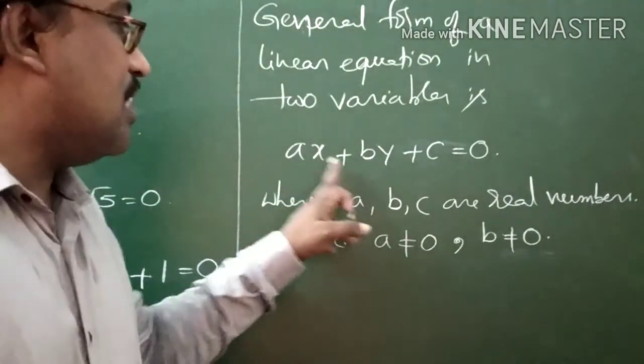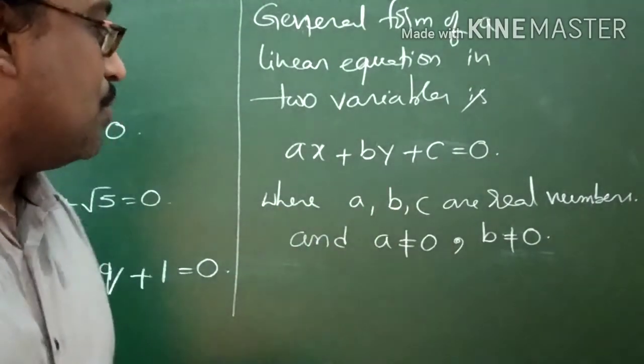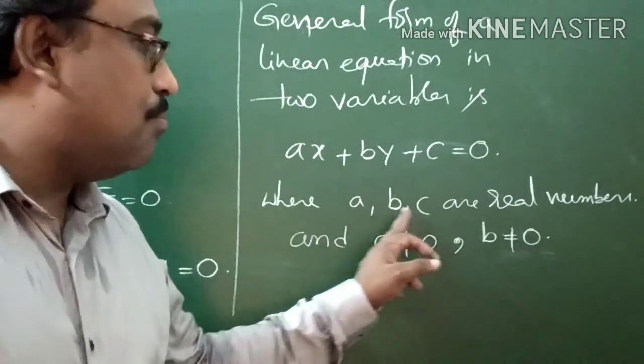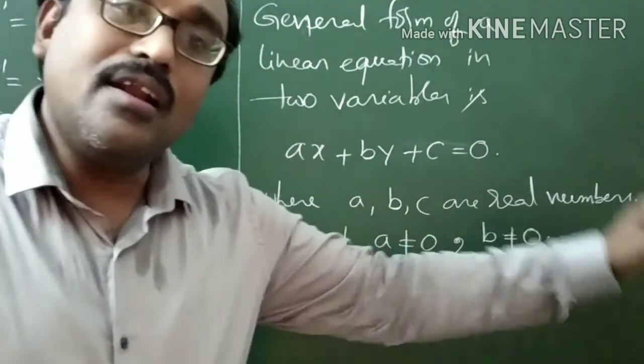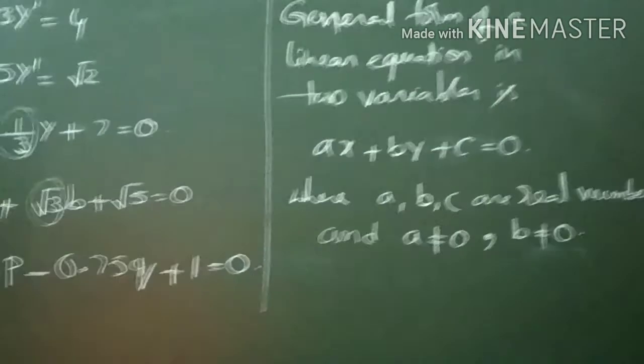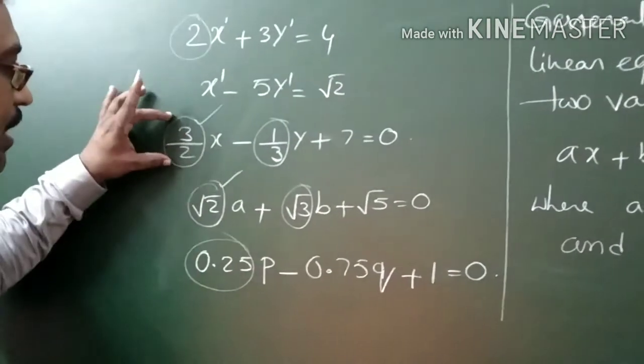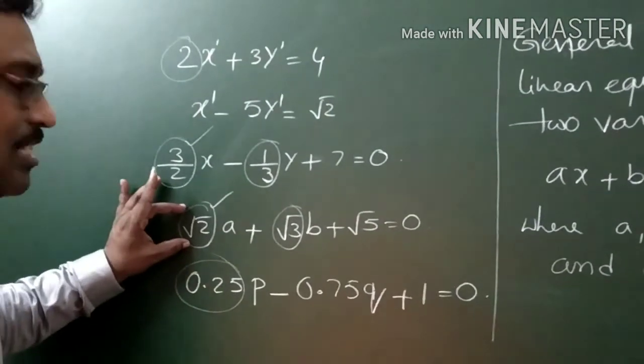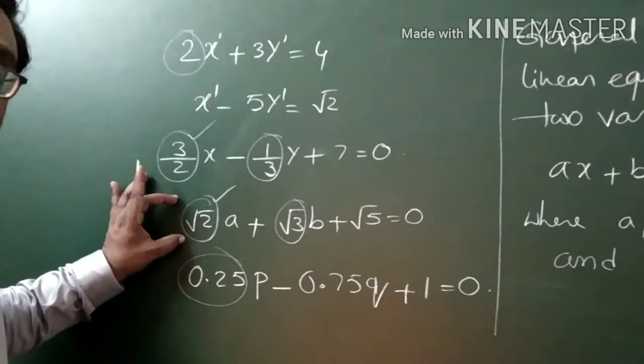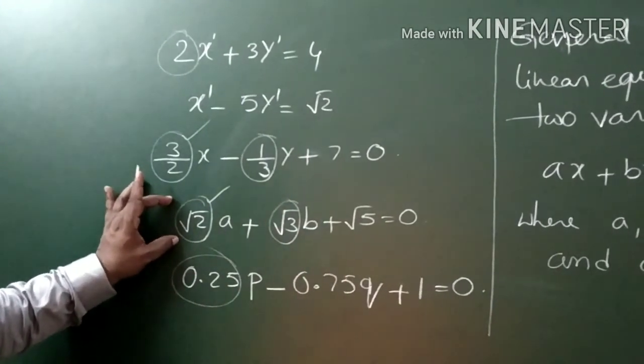The values of a, b and c are real numbers, any number you can take. Rational and irrational together are called real numbers.